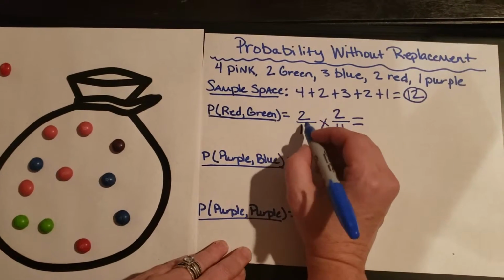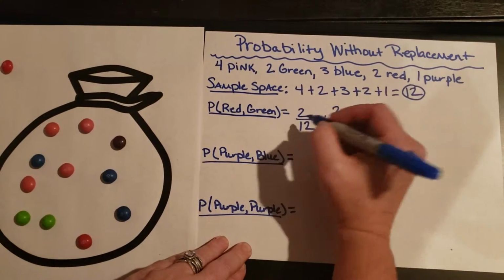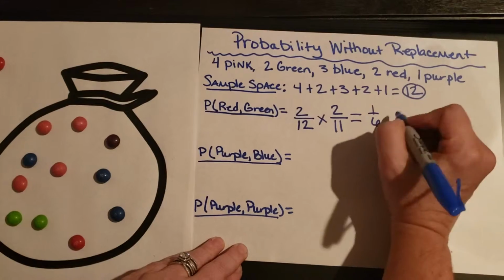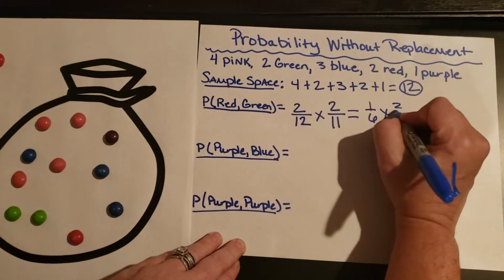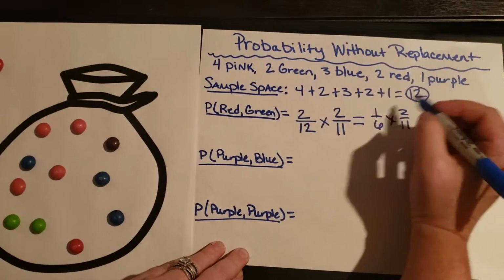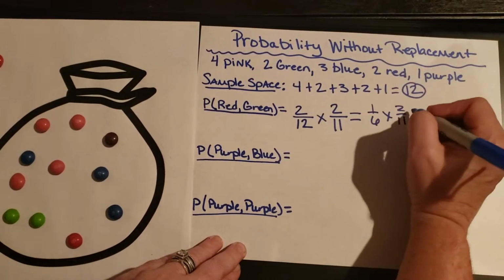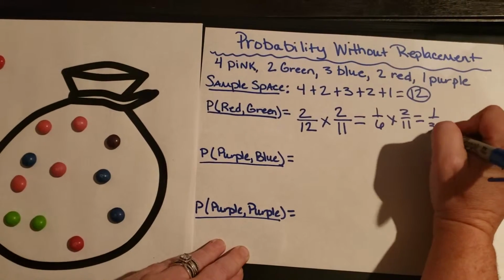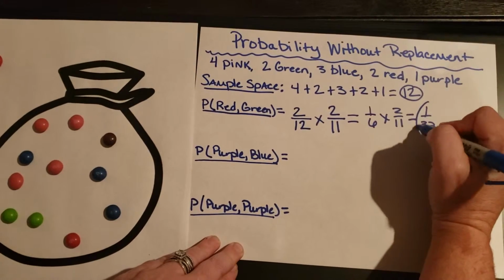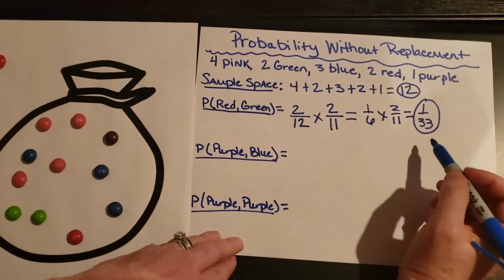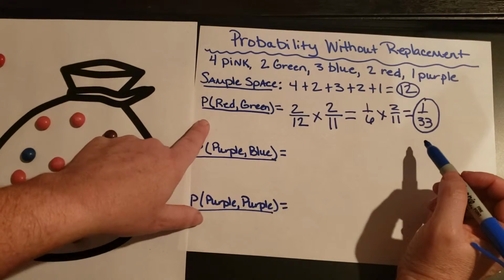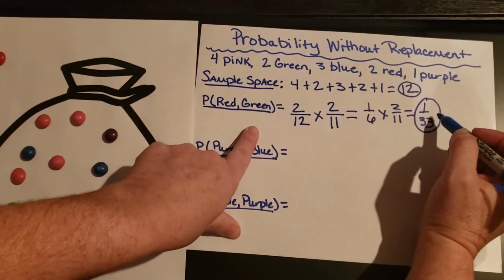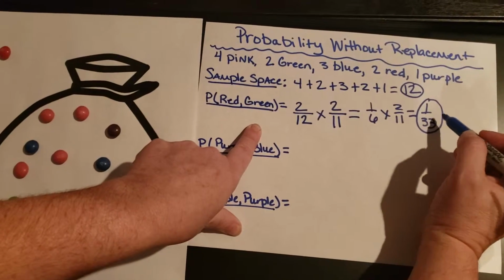Of course, simplifying 2 over 12 would be 1 over 6, times 2 over 11. And it comes out to be 1 over 33. So this is the probability of selecting red and then green, and that probability is 1 out of 33.